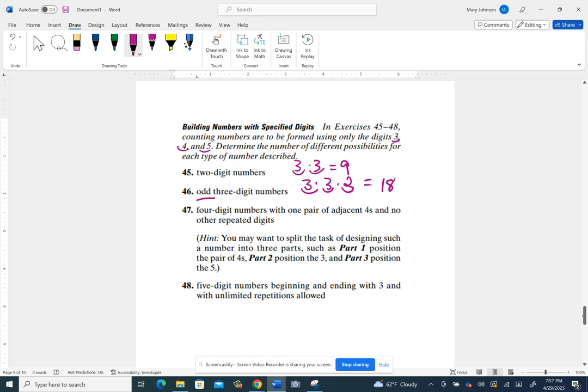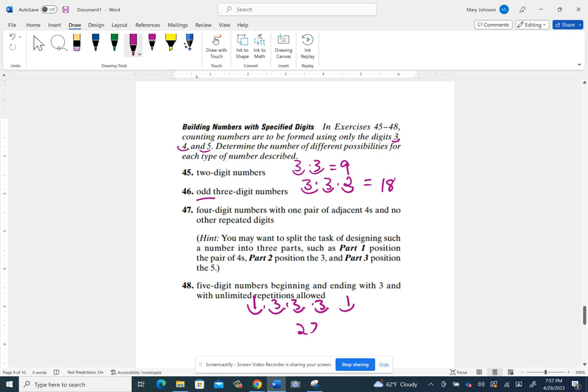Let's try 48. 5-digit numbers beginning and ending with 3. So that means only one possibility there and there. That would be the number 3. And unlimited repetitions allowed. So you could choose any of the 3 for the remaining spots. Okay. So that should wind up being 27.